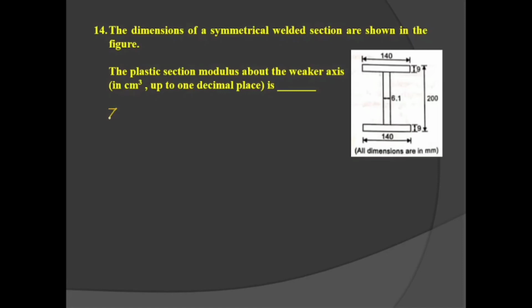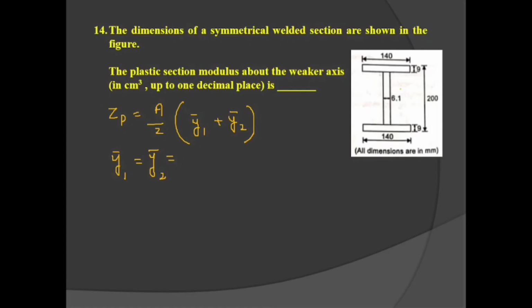As we know, ZP is equal to A divided by 2 into (y1 bar plus y2 bar). But please be careful: for plastic section modulus, the areas above and below must be the same.